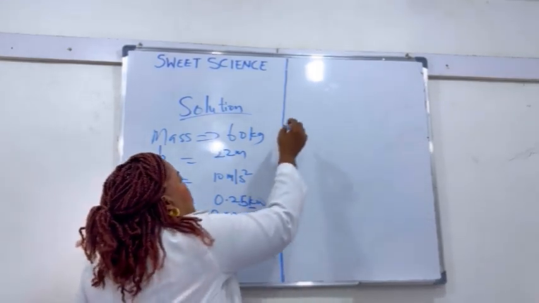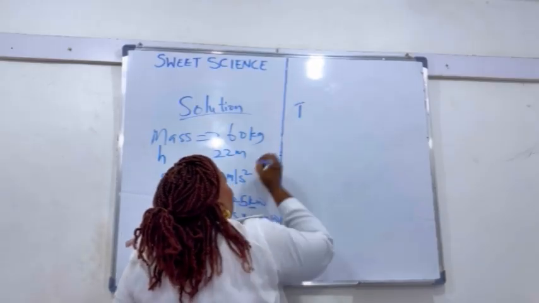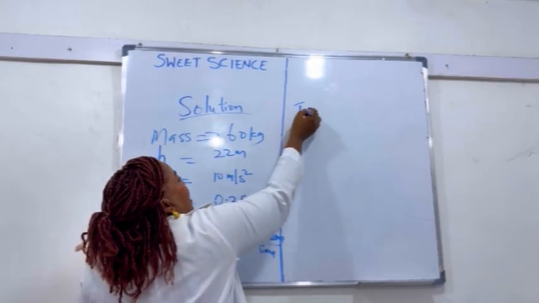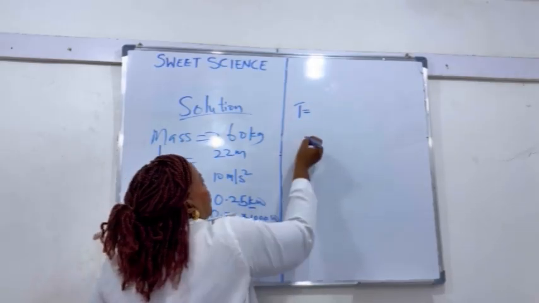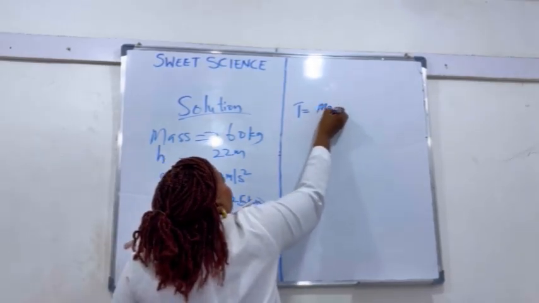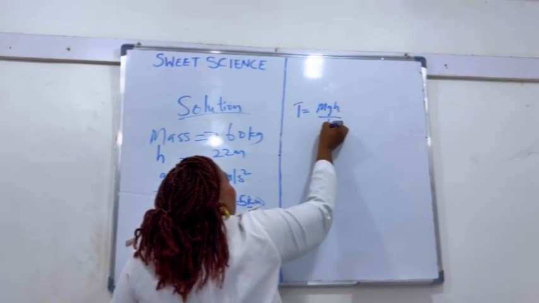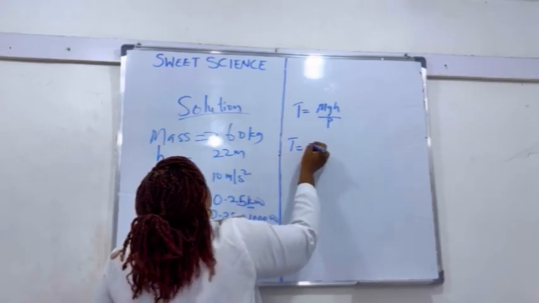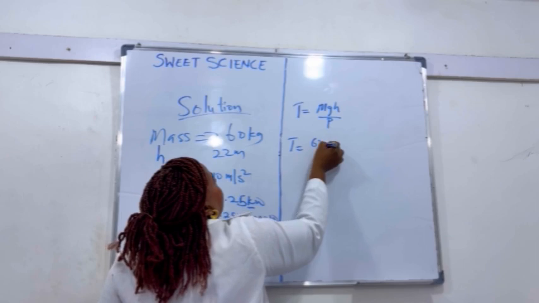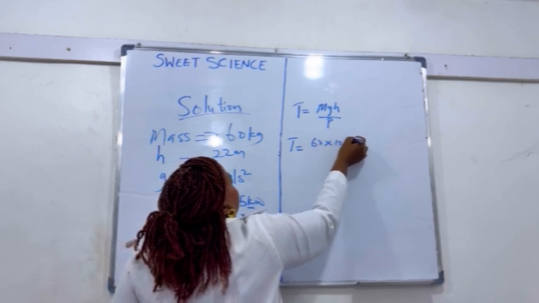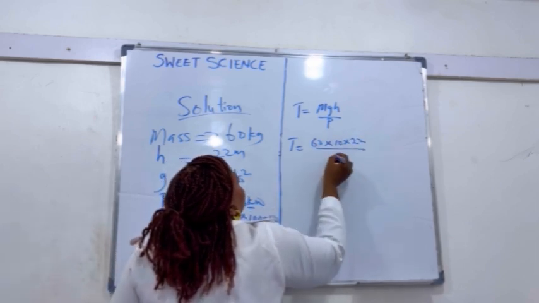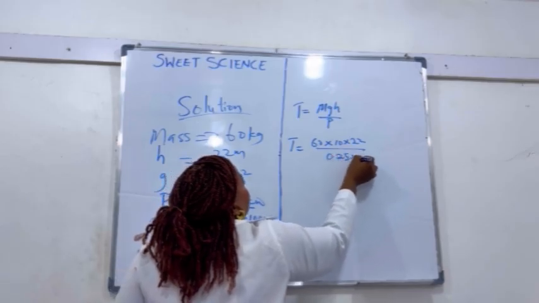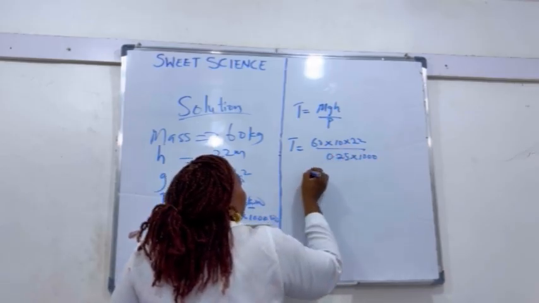So we substitute. We now make time the subject of the formula. When you make time the subject of the formula, it's now giving you mgh all over P. So time is our mass. Just substitute, very easy. 60 times 10 times 22 all over 0.25 times 1000.